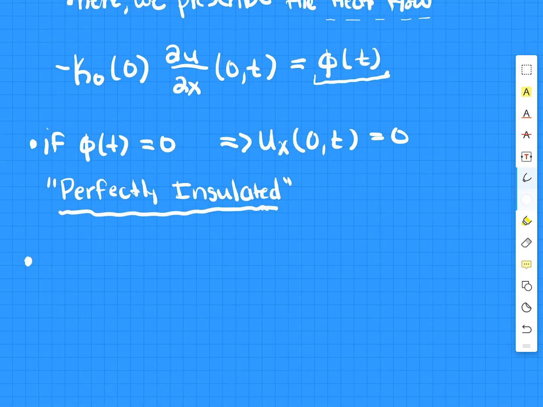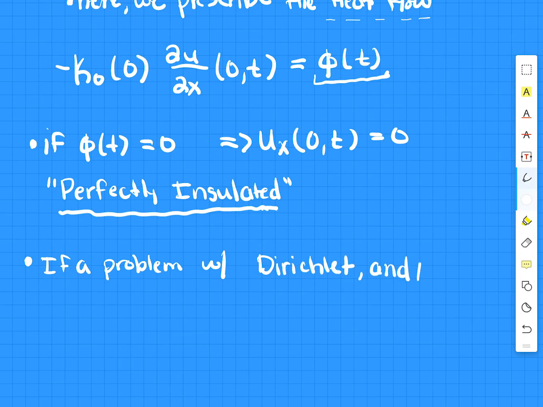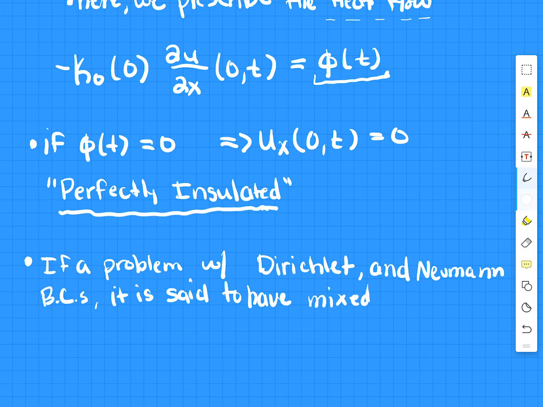Now there is another example of this. If a problem has Dirichlet and Neumann boundary conditions, it is said to have what is known as mixed boundary conditions.